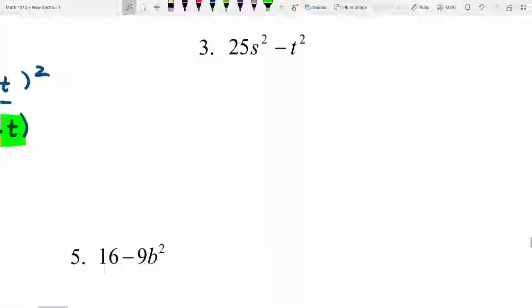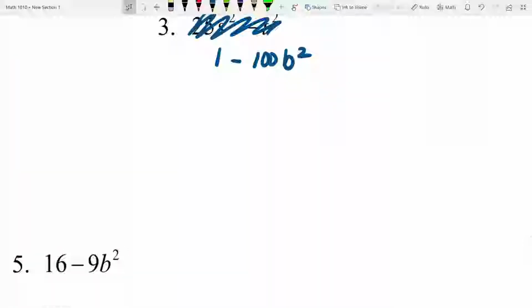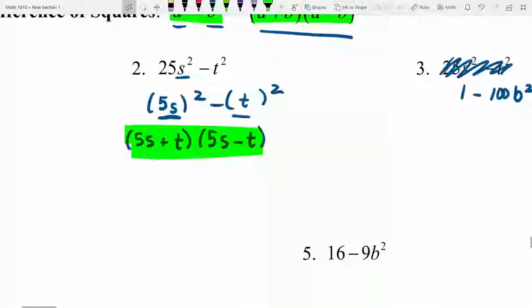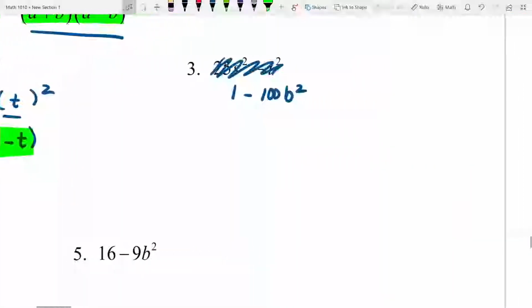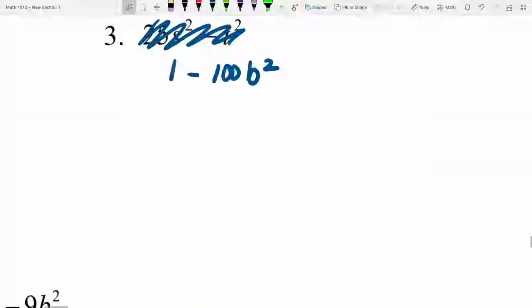Same problem, so we're going to change it. Cross that out, and I want you to write 1 minus 100b squared. Now, everybody listen. It doesn't matter that the variable comes second. If you look at question 1, the x squared is first, and in the last one the s squared is first. Who cares? So all you do is this.